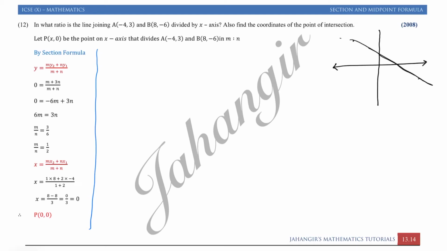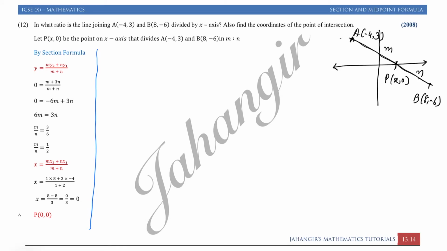So we can say the A coordinate is (minus 4, 3), the B coordinate is (8, minus 6), and this is the point P, which is (x, 0), that divides AB in the ratio of m is to n.